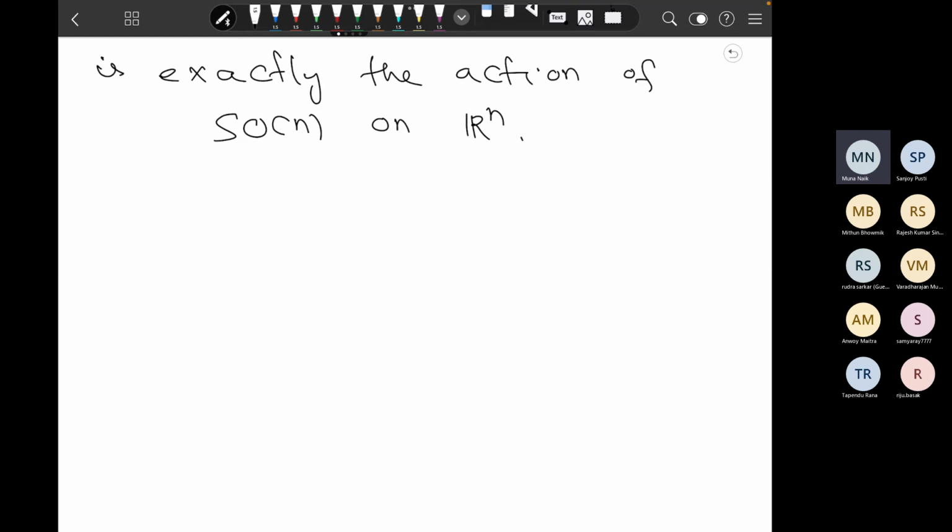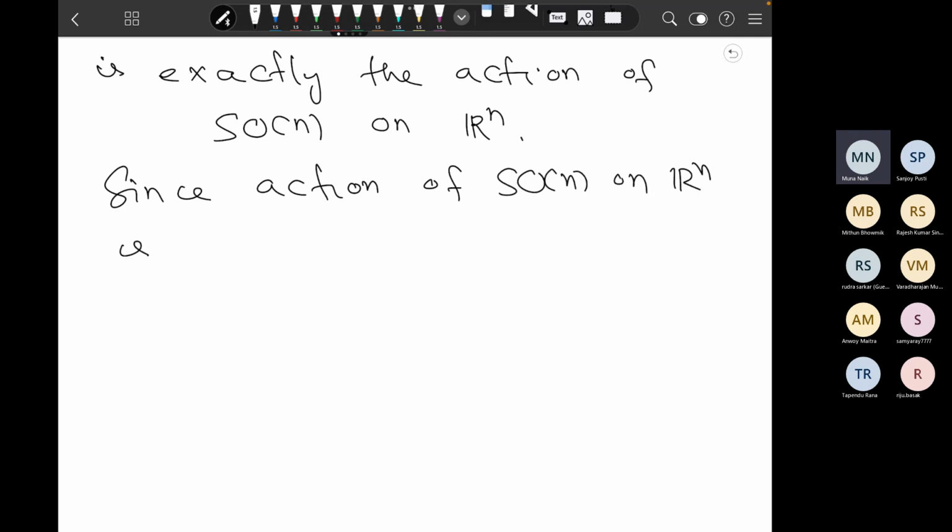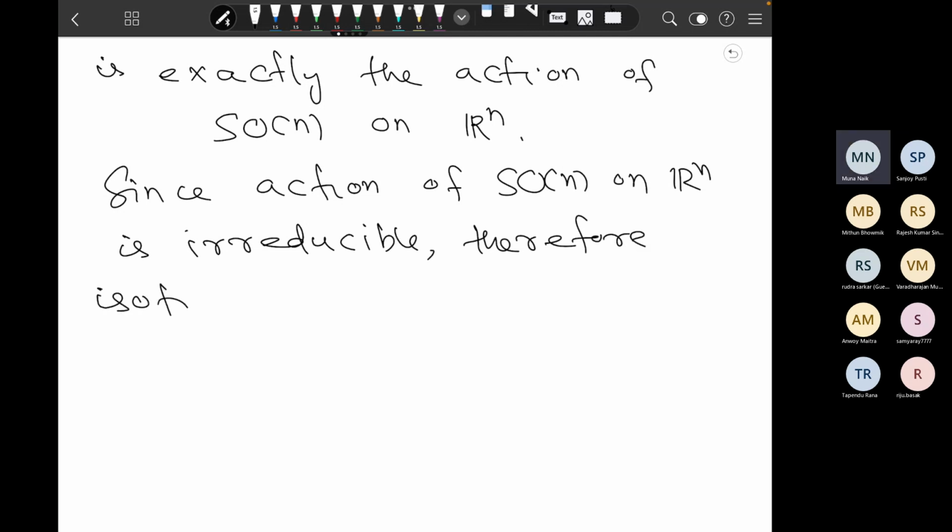And we have seen that the action of SO(n) on R^n is irreducible. Hence, since the action of SO(n) on R^n is irreducible, therefore the isotropy representation is irreducible.